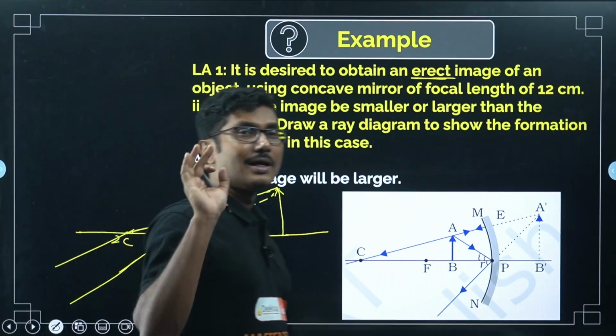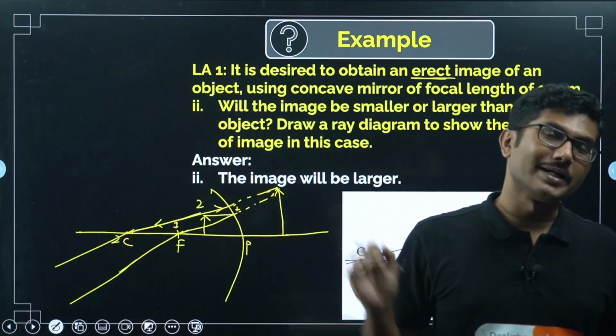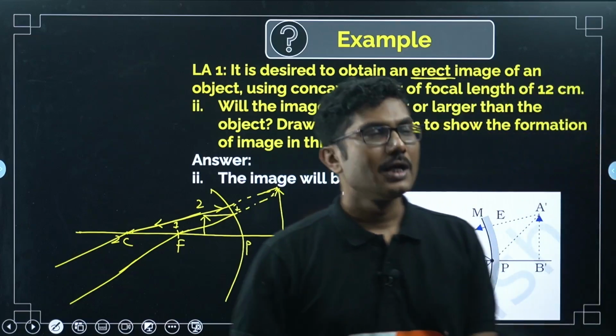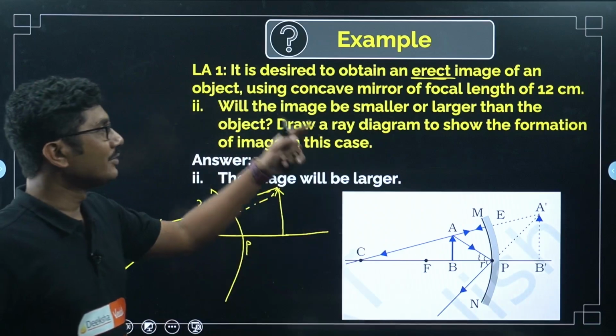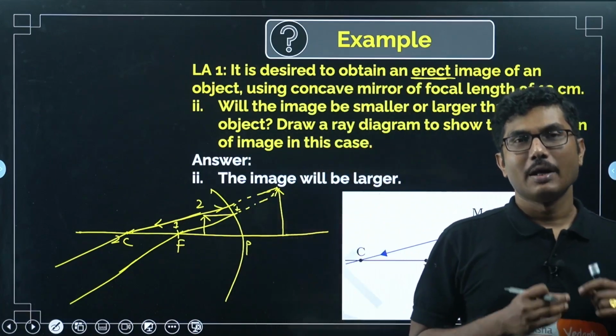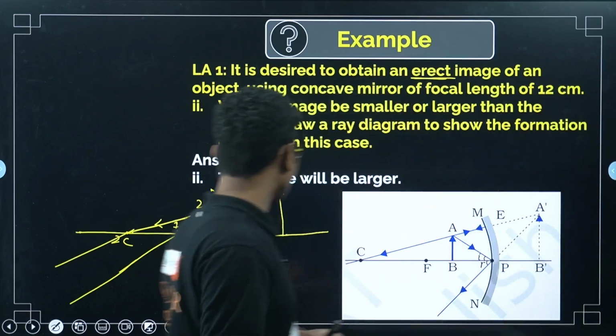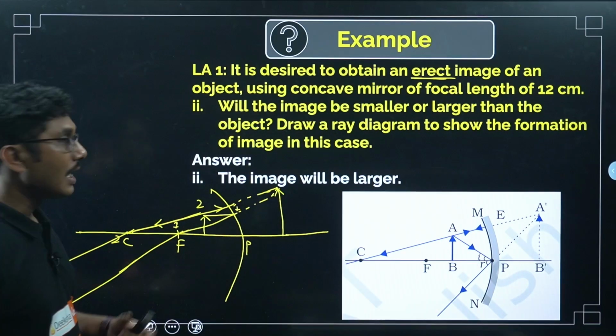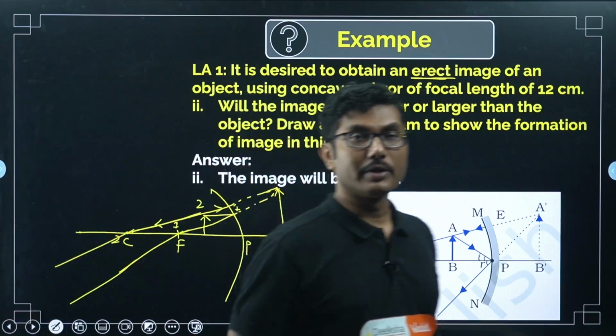No, that is a given value. If they ask you 100 centimeter focal length, will you be able to draw 100 centimeter? It is not possible, right? So don't take these values by heart. You can use your own scale, but as long as your center of curvature is double the focal length and all the other laws are being followed, then it is fine.